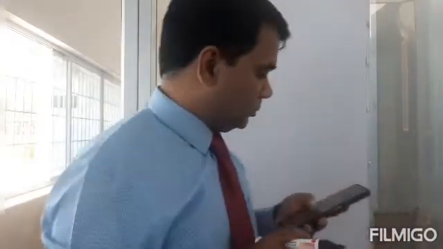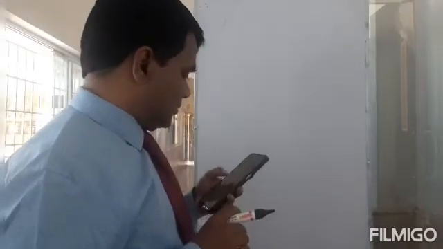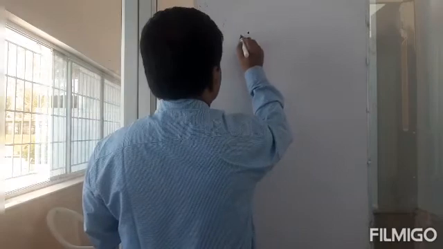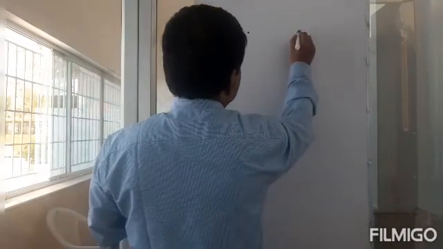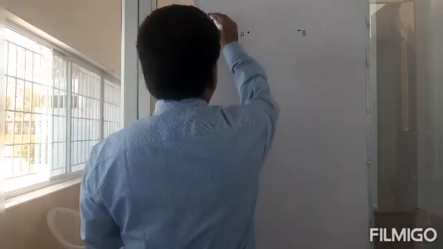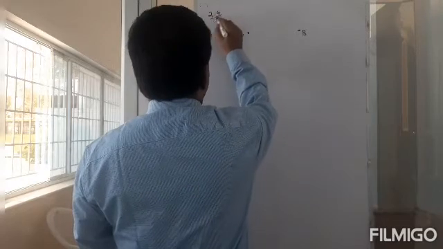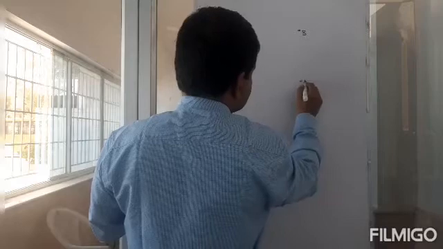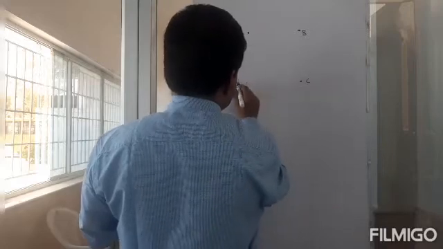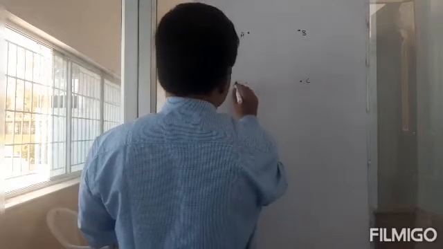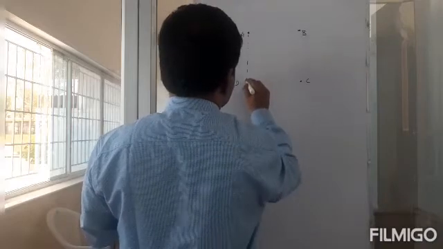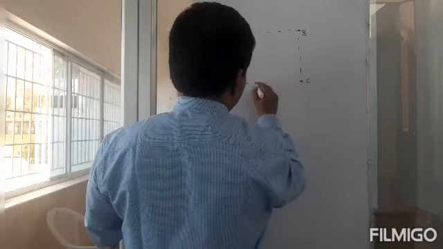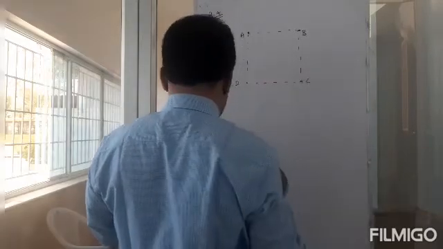Okay, so let's take a look at the picture. So you have a square, A, B, and then C, and then D. These are the 4 corners of the square. So what is given?